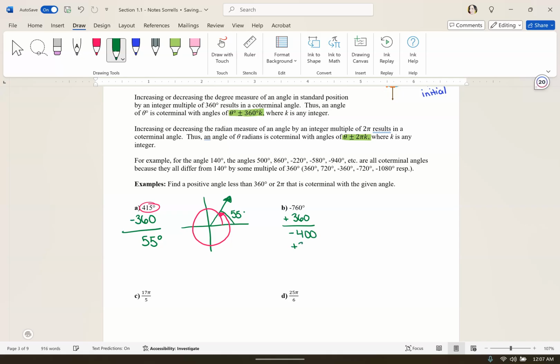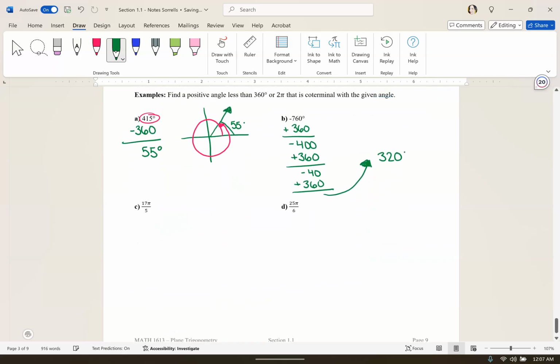So I want to add 360 again, and that only gets me to a negative 40. Then I want to add 360 again, and that finally gets me to 320 degrees.